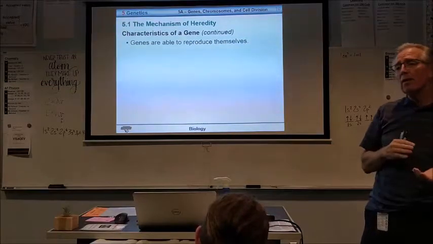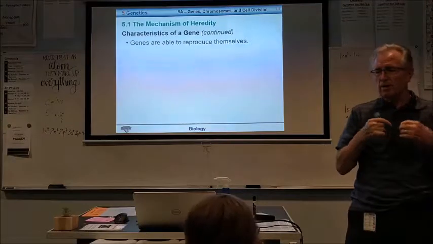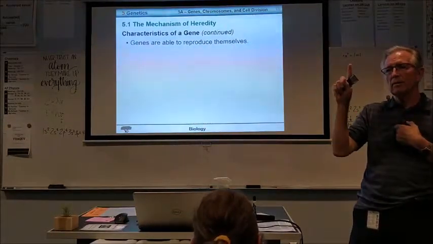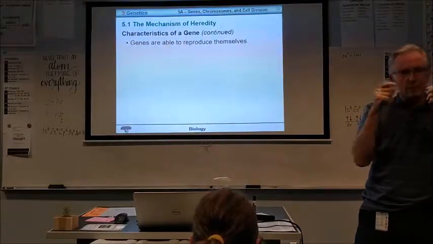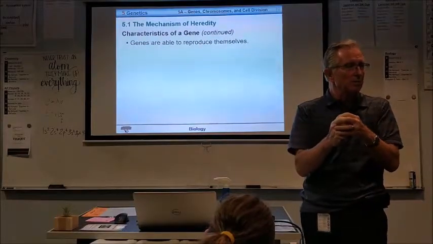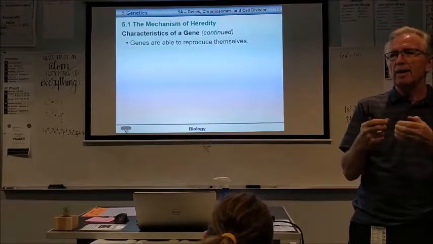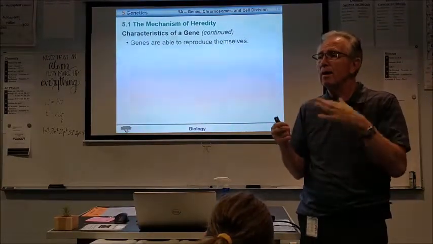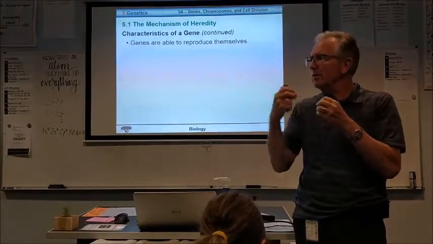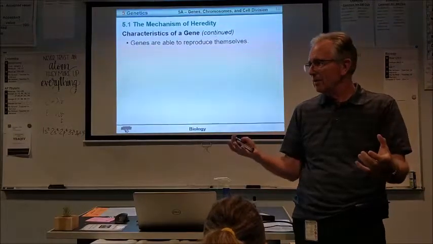Now, genes are able to reproduce themselves. So every cell in your body came from one cell. If that was the sperm that fertilized the egg that made the first cell, as it grew in size, it finally got to a point where it needed to divide, and it needed to copy all the genes so that the new cell that's formed can have an exact copy of it.